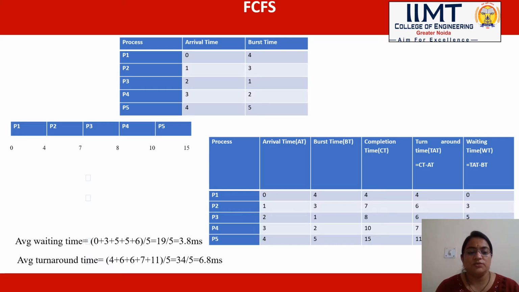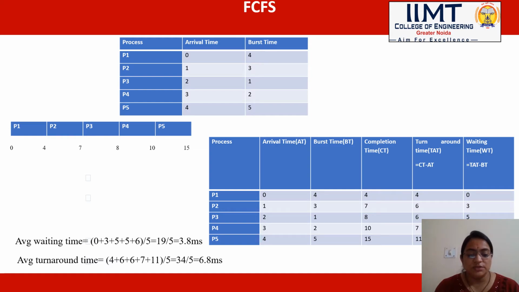Now I am going to explain the working of FCFS CPU scheduling by an example, where the snapshot taken at a particular instant of time is shown in the figure. In this example, the processes along with their arrival time and burst time are shown.